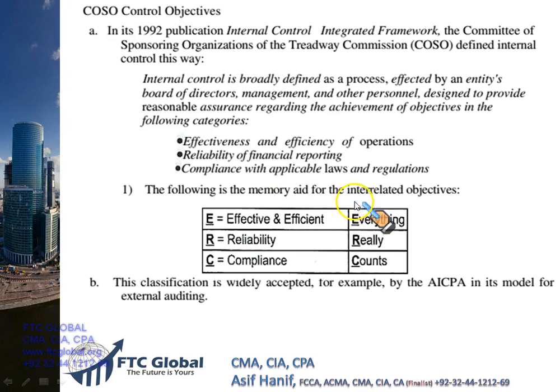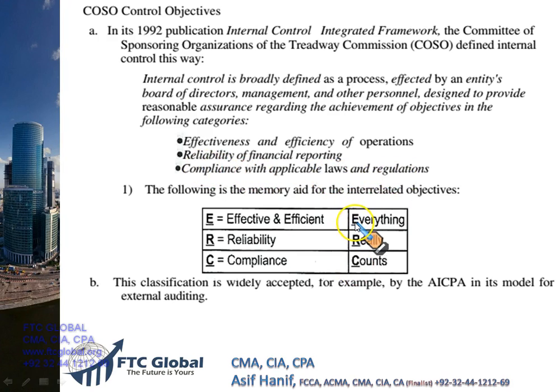So guys, these are the 3 interrelated objectives which you can memorize by the word ERC. Everything really counts. E stands for effectiveness and efficiency of operations. R, reliability of financial reporting. And C stands for compliance with the applicable laws and regulations.